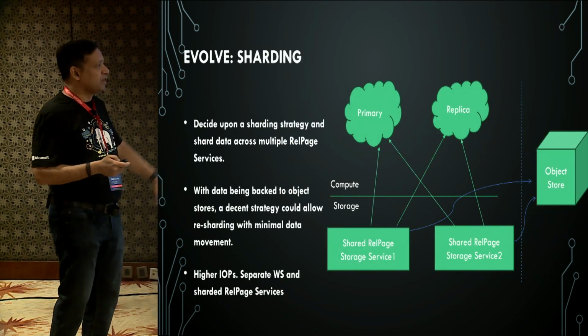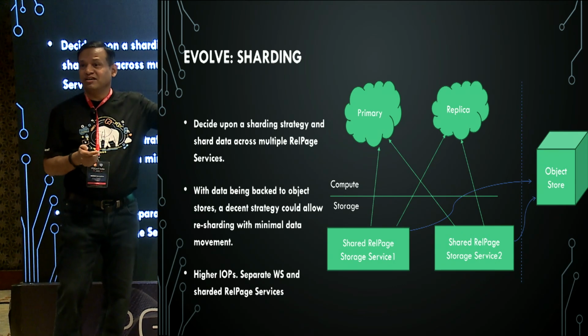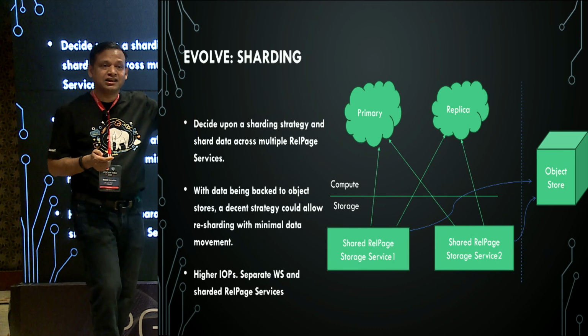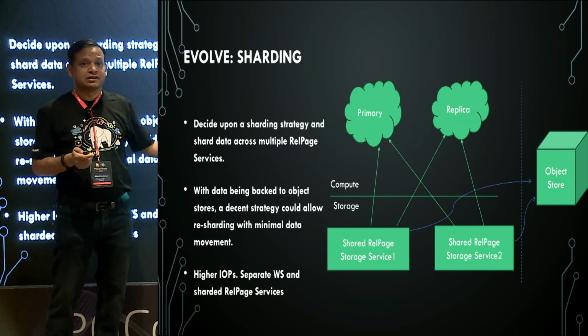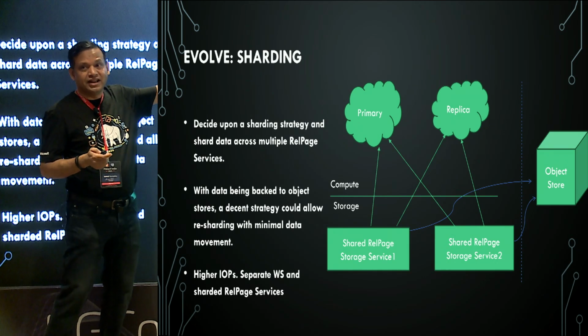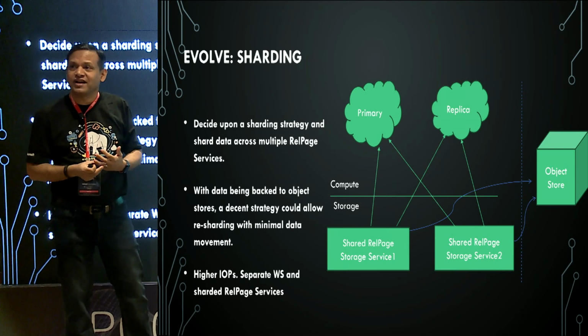Sharding also becomes interesting. This is the other way around. You could have multiple page servers, and then the primary could shard across these multiple page servers. You could have a sharding algorithm, with very simple logic, or you can go as fancy as you want.